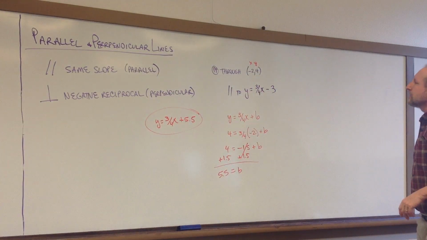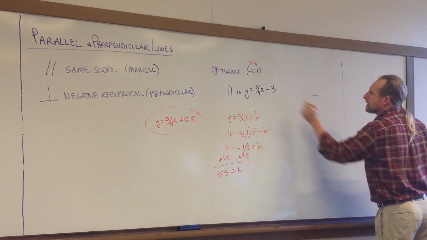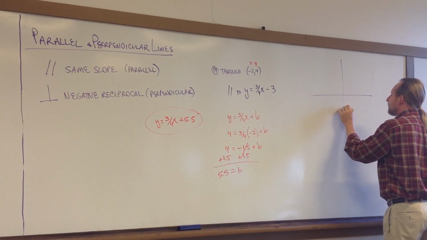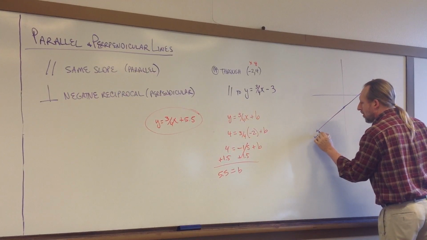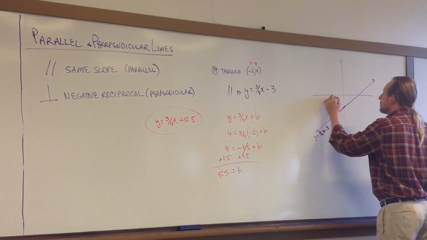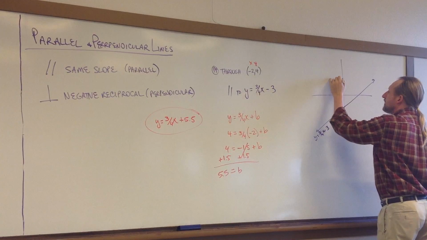All right, let's see what this looks like on a graph. This line has a y-intercept of -3. A 3/4 slope is going to be something like this. And the point (-2, 4) is up here.